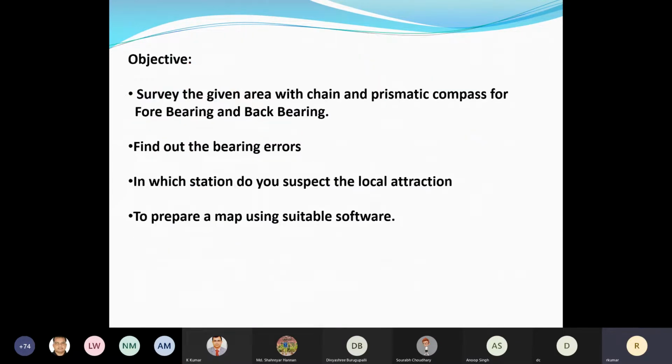Now the objective, I think, is clear. With the chain you will measure the length. Chain is used for measuring length, and the prismatic compass for the bearing. Then you will find the bearing error, then say in which station we suspect local attraction, and based on all the available data we can prepare a map. You can also use suitable software for that.